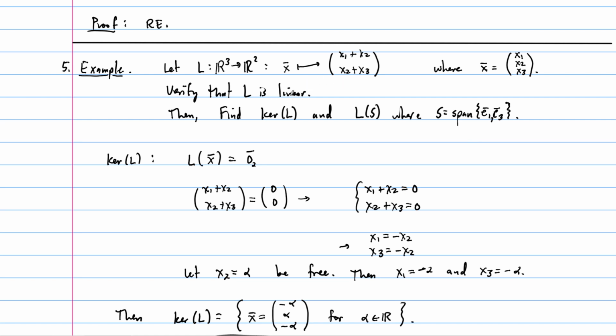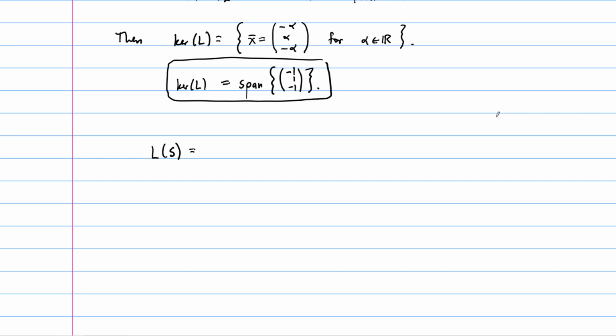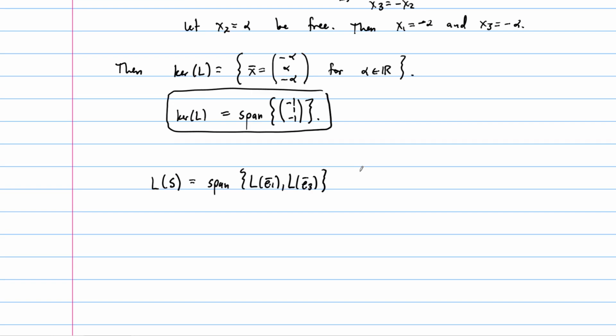But again, you should check that L is linear. But because L is linear, it preserves the sum, right? So we can apply L to each of these individually and then take the span of those two, right? That's just how that works. Because this is going to be the span of L of E1 with L of E3 just by the properties of the linear transformation.